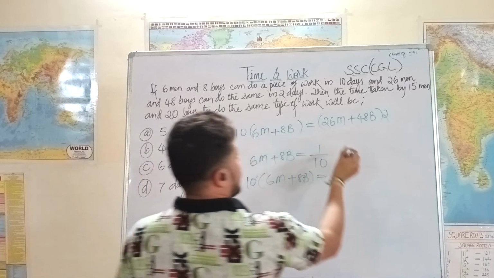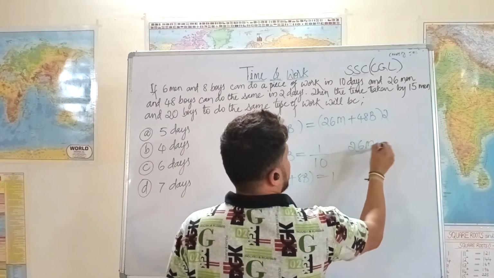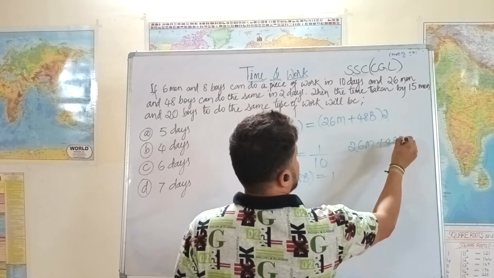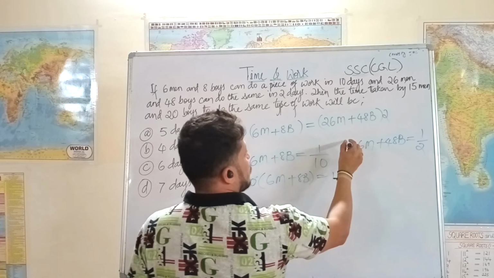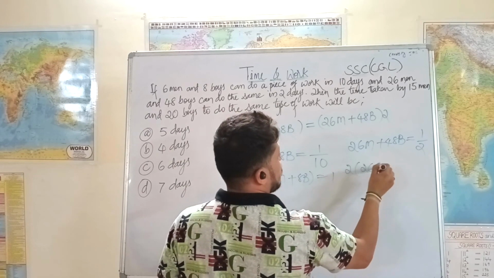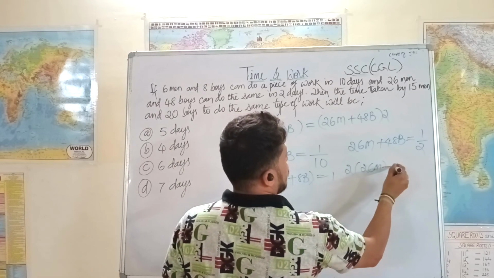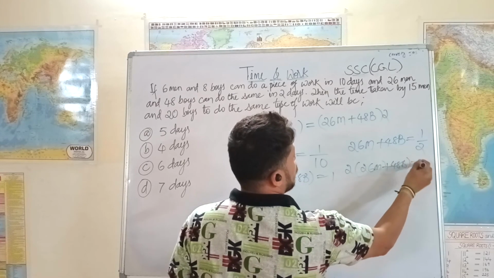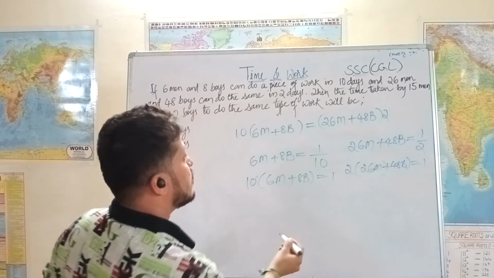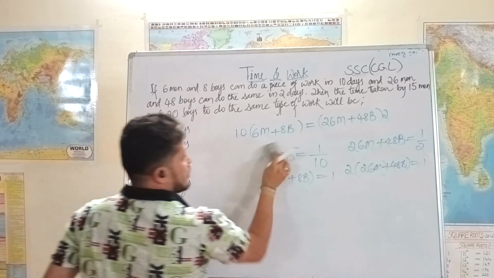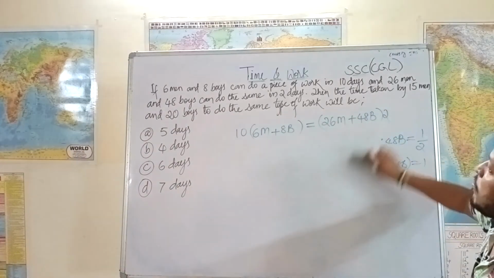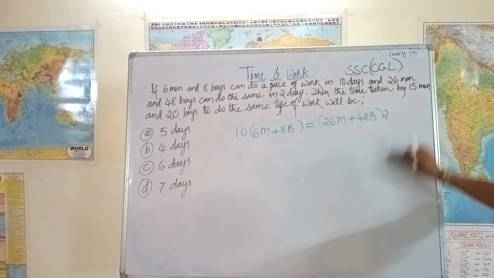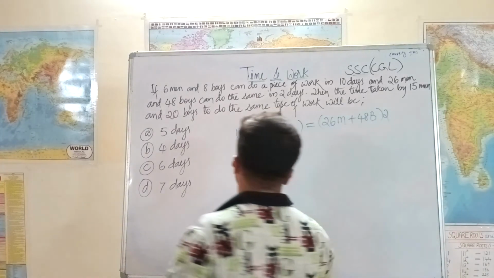Similarly, if you write 26 men and 48 boys do the work in 2 days, then 2 into 26M plus 48B is equal to 1. So both are equal, right? That's why we have written like that. Okay, so we have 10 into 6M plus 8B is equal to 26M plus 48B into 2.